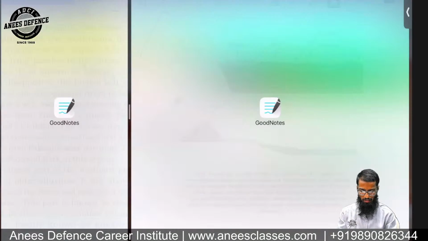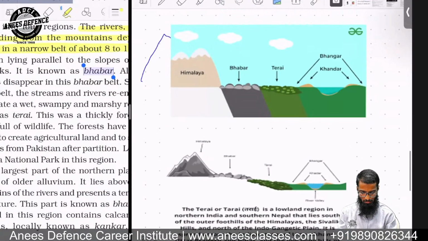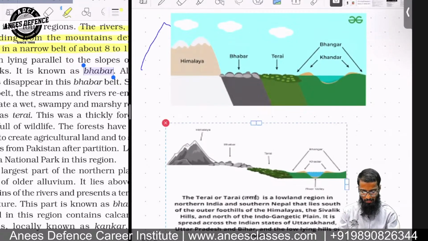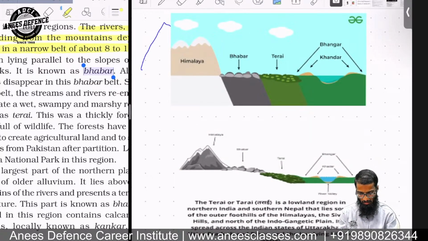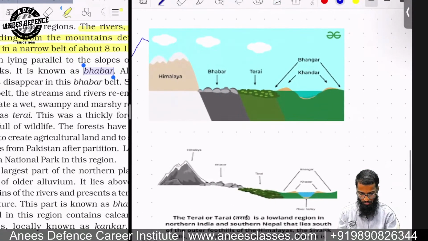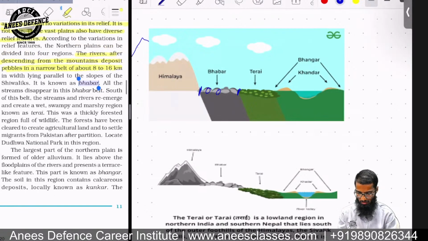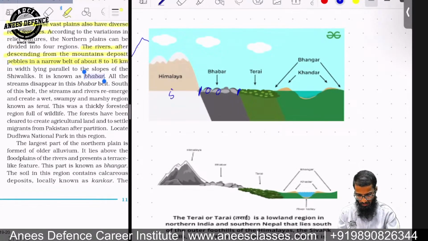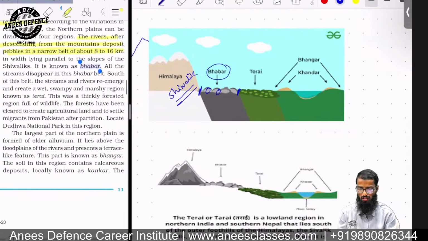So now pay attention here. Look, here you have Himalayas. Up till now, this place where you see pebbles, this is actually Shivalik. Just next to the Shivalik, you have Bhabar. All the streams disappear in the Bhabar belt. South of this belt, the streams and the rivers re-emerge and create a wet, swampy region.